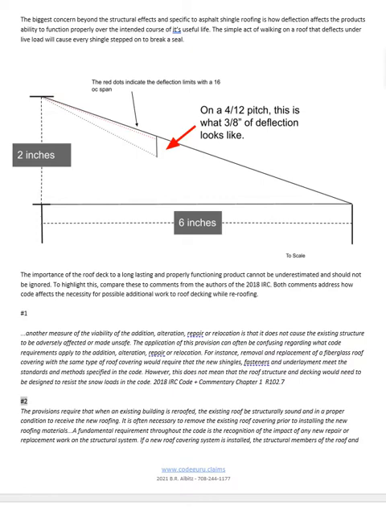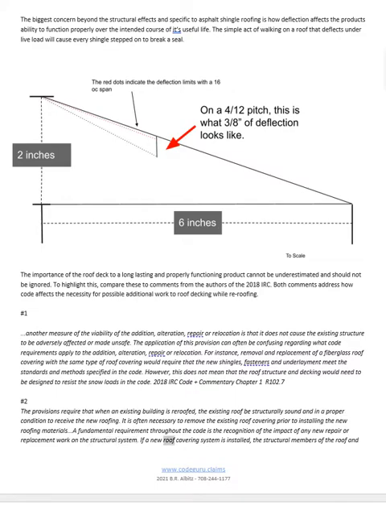Number 2. The provisions require that when an existing building is re-roofed, the existing roof be structurally sound and in a proper condition to receive the new roofing. It is often necessary to remove the existing roof covering prior to installing the new roofing materials. A fundamental requirement throughout the code is the recognition of the impact of any new repair or replacement work on the structural system.